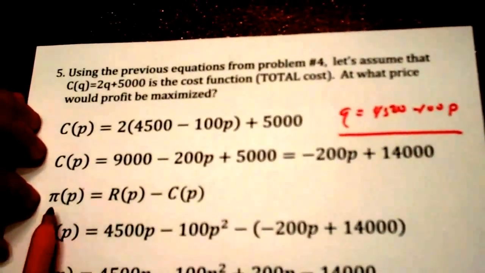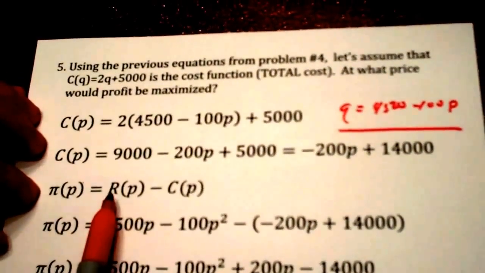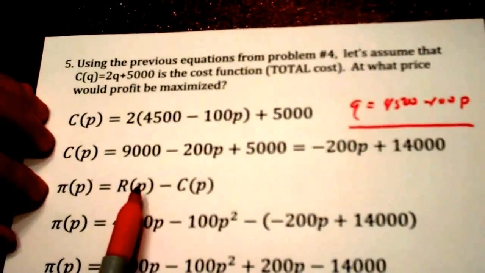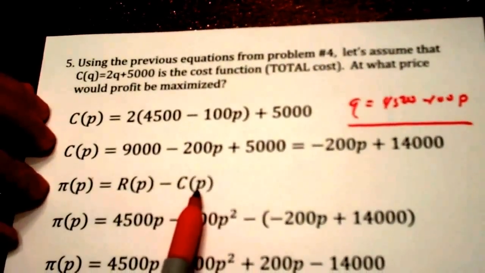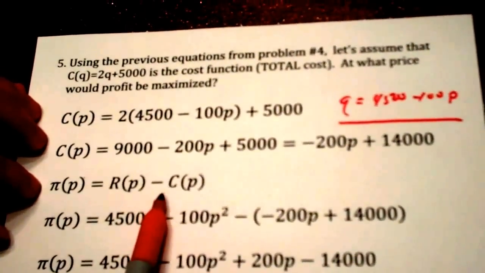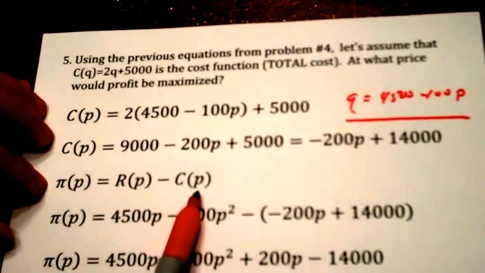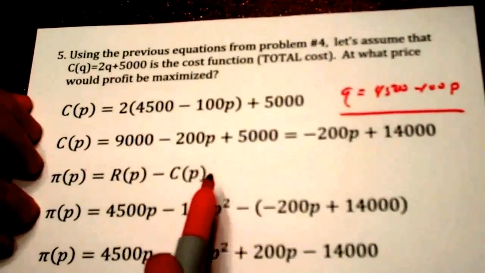Remember again that when I want to determine the profit based on a price, I merely take the revenue equation at that price and subtract the cost function at that price. When I take the revenue that I took in and subtract the cost that I incurred in making those products, then I have my profit.